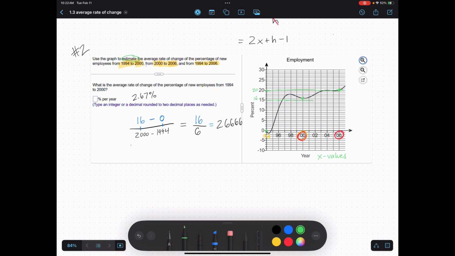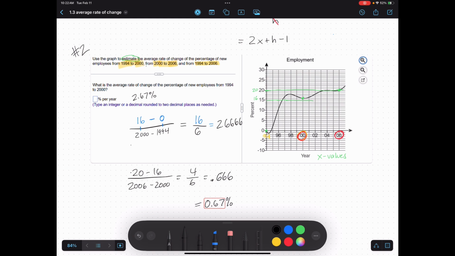So my y value for 2006 is 20. And so I'll set that up in my formula. So my second y value is 20, my first value is 16, and then the corresponding x values are 2006 to 2000, and I get 4 over 6, which is 0.666 repeating. Round that to 2 decimal places, and my answer is 0.67%.